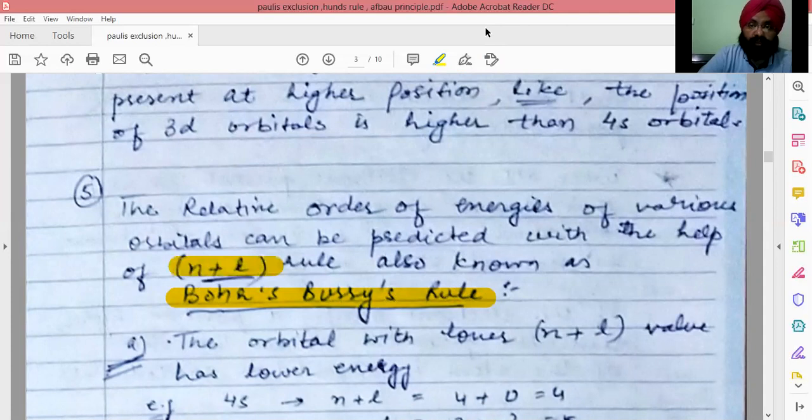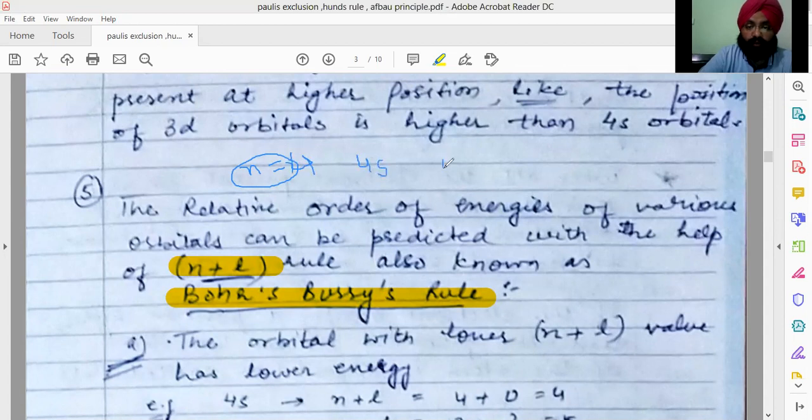So you can simply take it as, suppose the value of n is 4 and we have 4s, and in another case n is equal to 3 and we take the orbital 3d.